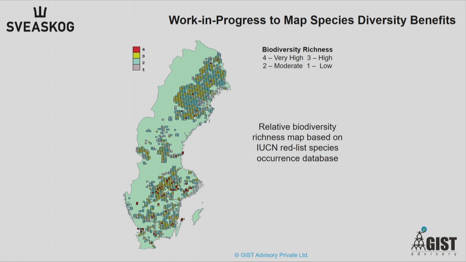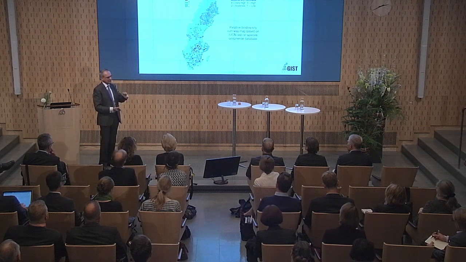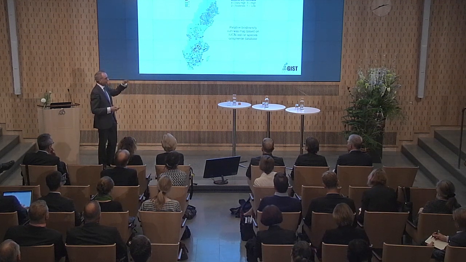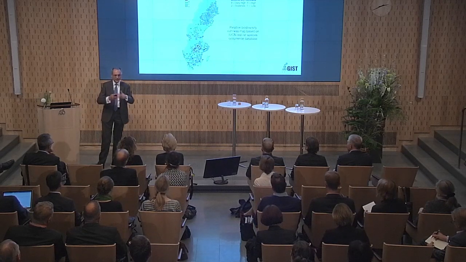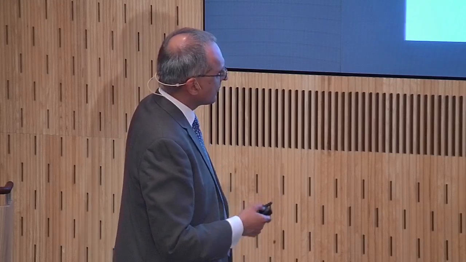And we feel that more work needs to be done on this in terms of actually mapping the number and the density of species, the mean species abundance in each of these squares, literally across the whole of Sweden. Now, whether that becomes a Sveaskog exercise or an exercise by the forestry sector or an exercise by the forestry sector supported by the government through a government program, I think probably the latter makes more sense than every company doing their own thing for their own forest. So I think more work is required in this space, but I'm hoping that as time moves on, we would be looking at that as well.